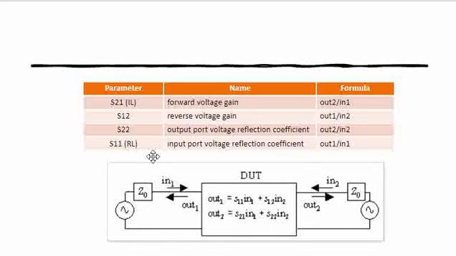So to understand this, let us assume there is a DUT here. To this DUT, we have an input, and this input is connected to this DUT through some impedance, and we have output connected again. And so basically, we can assume these as two ports. Port 1, which can be assumed as first input port, and port 2 as another input port. So two ports, and then there is a DUT.